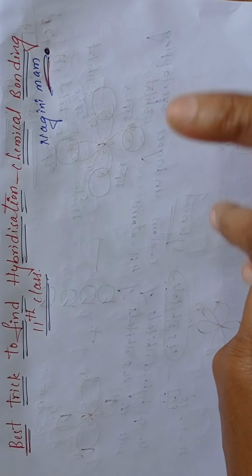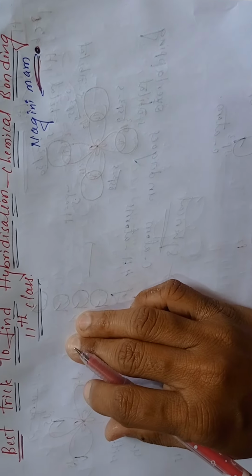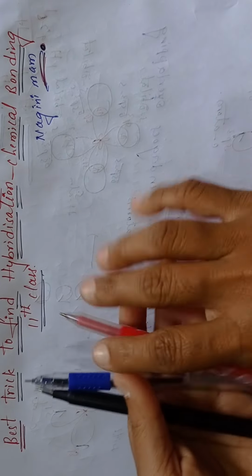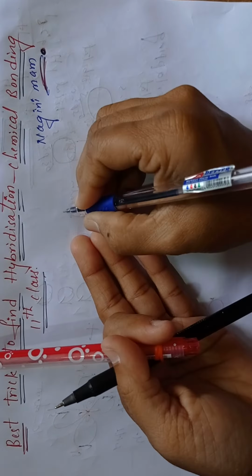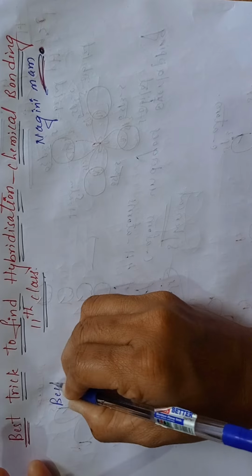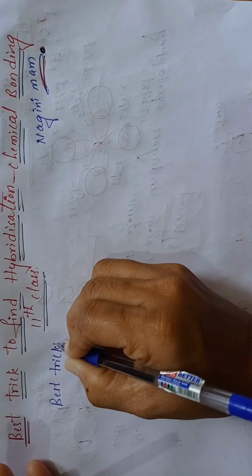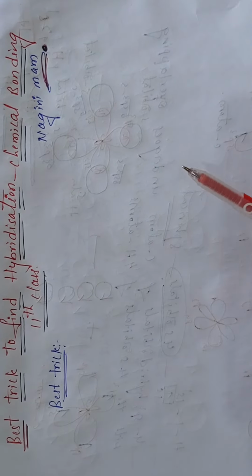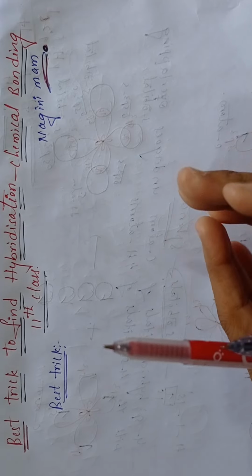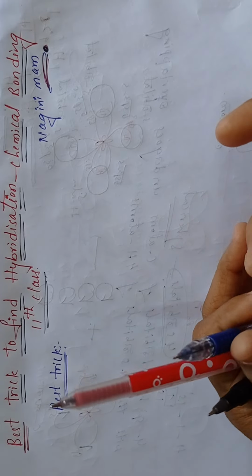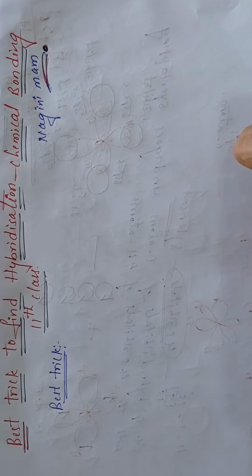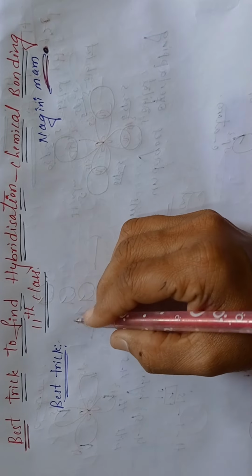First I'm giving the trick, students, then I'm going to discuss the hybridization. What is the trick to find hybridization?